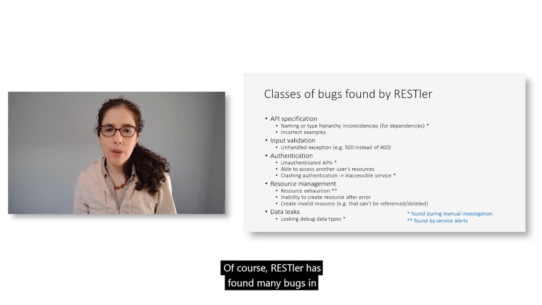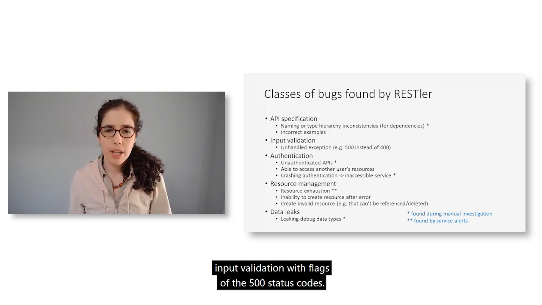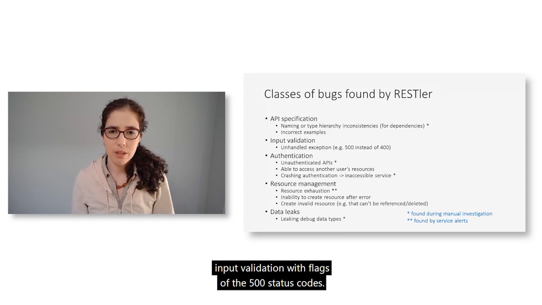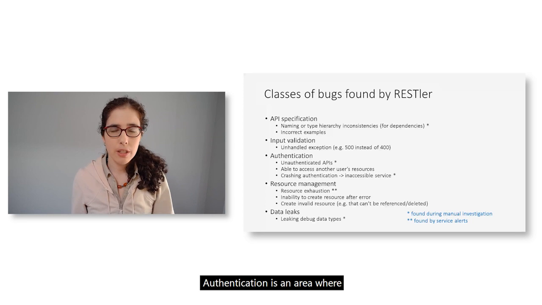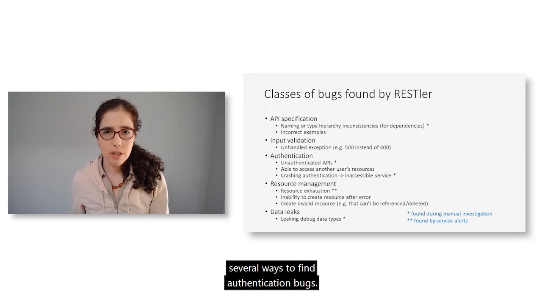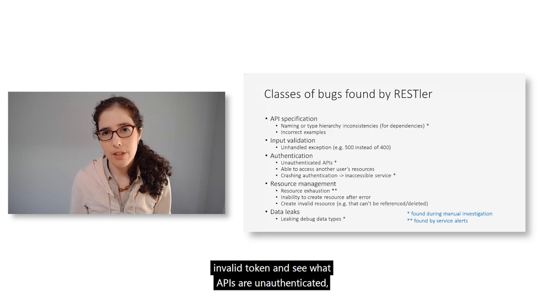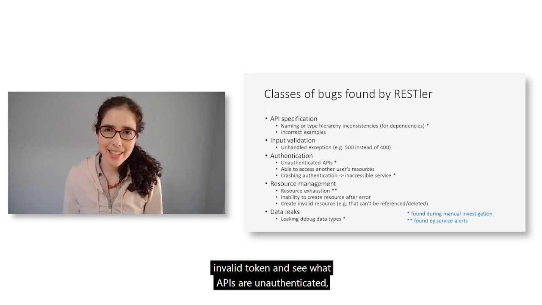Of course, RESTler has found many bugs in input validation, where it flags all the level 500 status codes. Authentication is an area where RESTler can be used in several ways to find authentication bugs. So one is you can just run RESTler with an invalid token and see what APIs are unauthenticated.